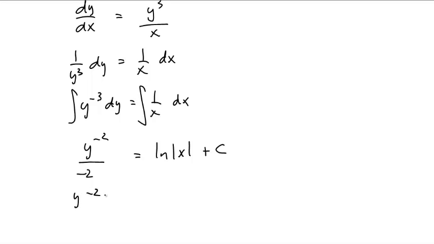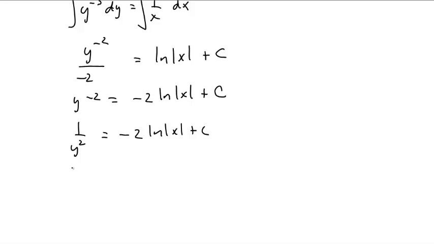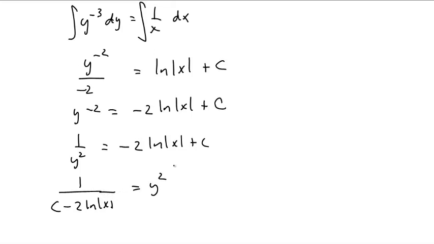So y to the negative 2 is negative 2 natural log of absolute value of x plus negative 2 times a constant is just a constant. And what is this? This is 1 over y squared is negative 2 natural log absolute value of x plus c. I can bring the y squared up and that down and get, and I'm going to call this 1 over c minus 2 natural log absolute value of x is y squared.